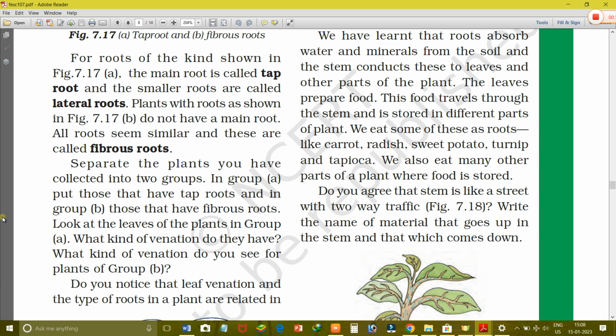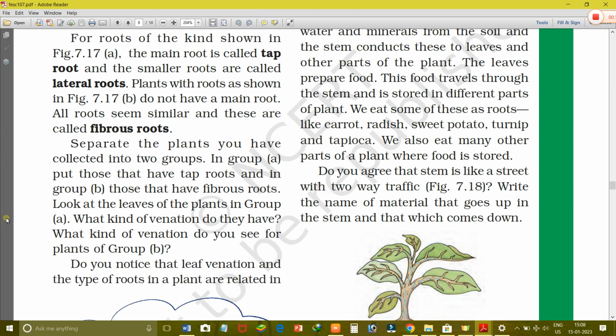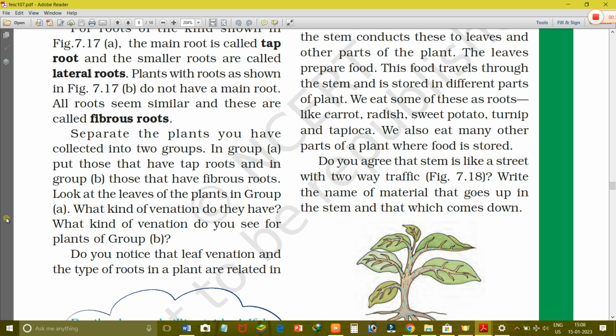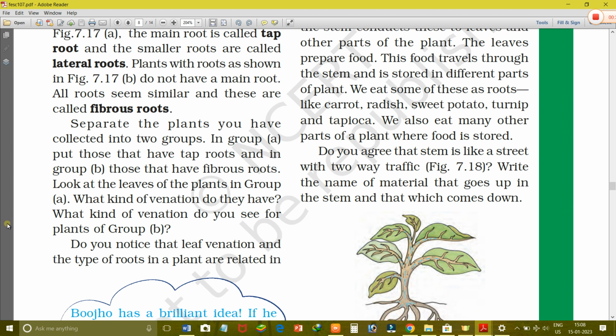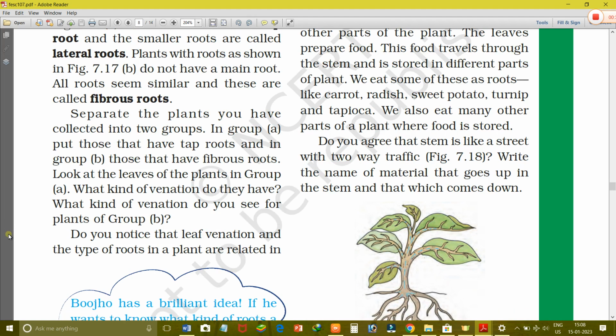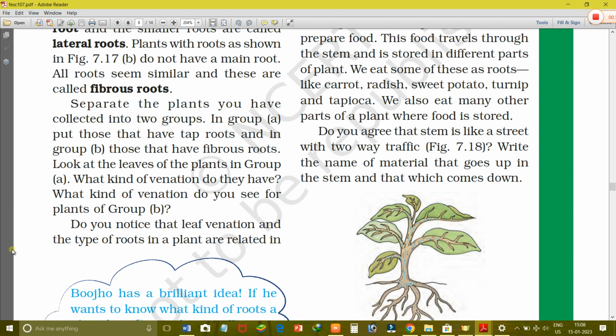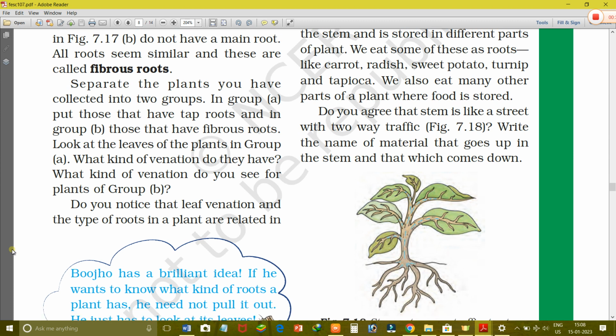We have learned that roots take up water and minerals from the soil and the stem conducts this to leaves and other parts of the plant. The leaves prepare food. This food travels through the stem and is stored in different parts of the plant.